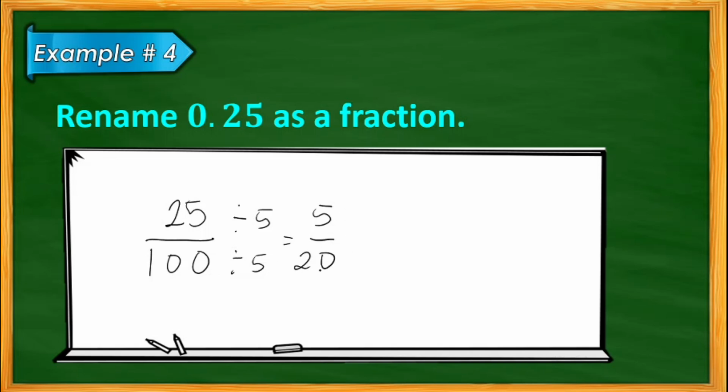But 5 and 20 have a common factor again. So 5 again, or simply divide this one by 25. So 5 divided by 5 is 1, and then 20 divided by 5 is 4. So this would be the final answer, 1/4.